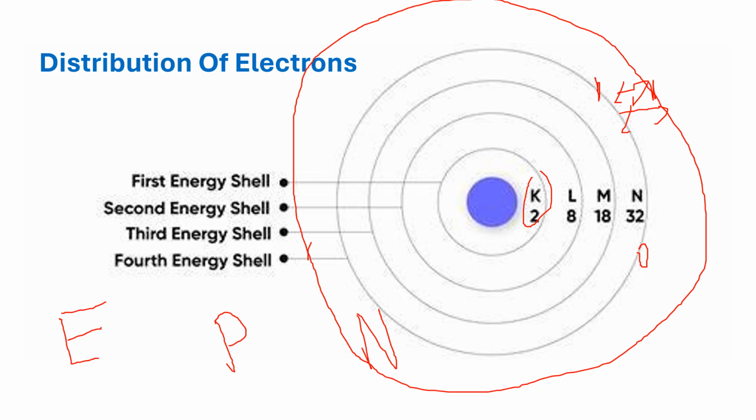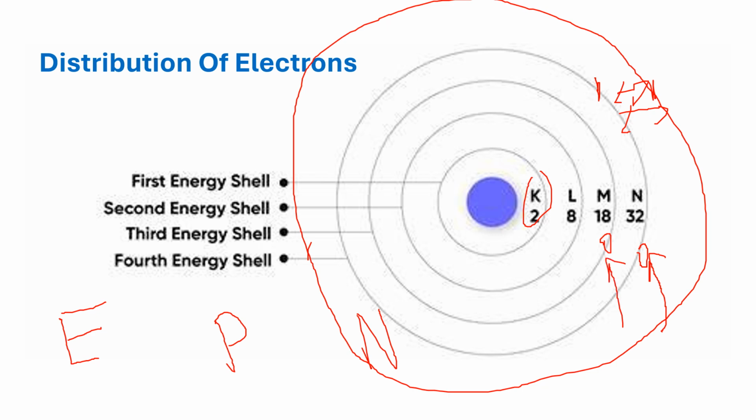When an external force, we can say voltage, is given to the atom, the bond of the electron breaks down and the electron jumps into the valence band. Suppose this is the electron and we apply some voltage.